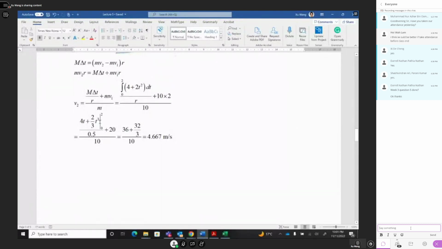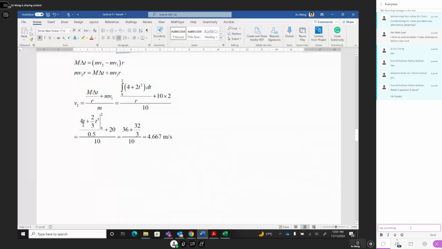The second one: 2 cubed becomes 8, and 2 times 8 is 16, divided by 3. Then 16 times 2 becomes 32, so 32 divided by 3.